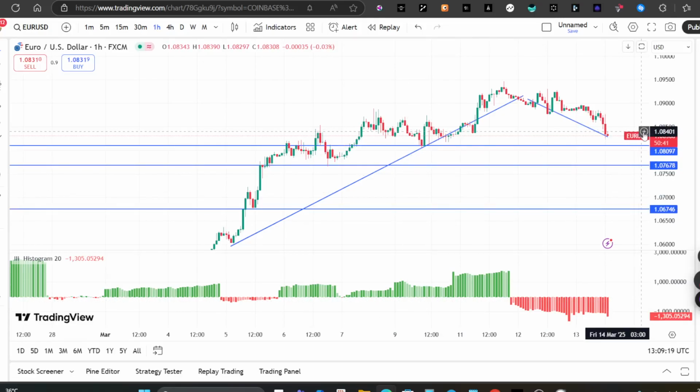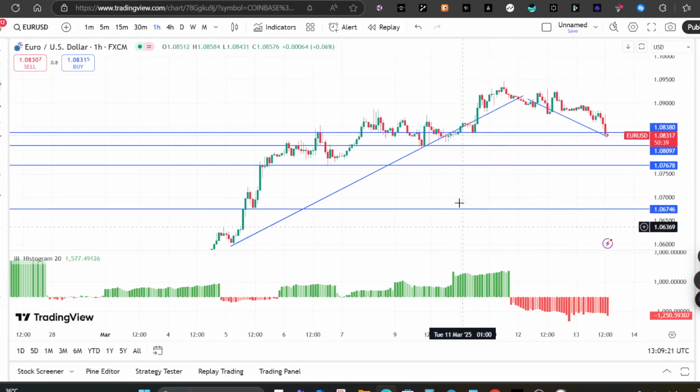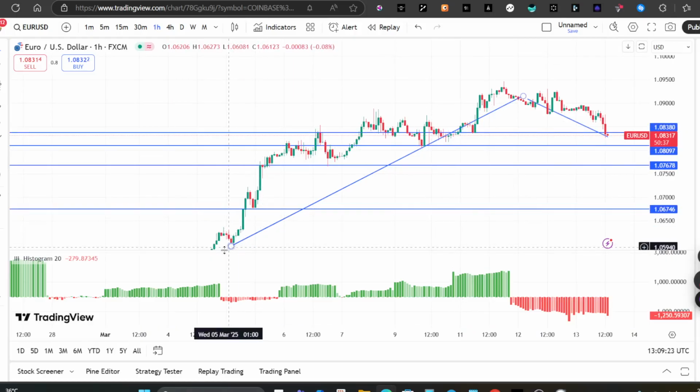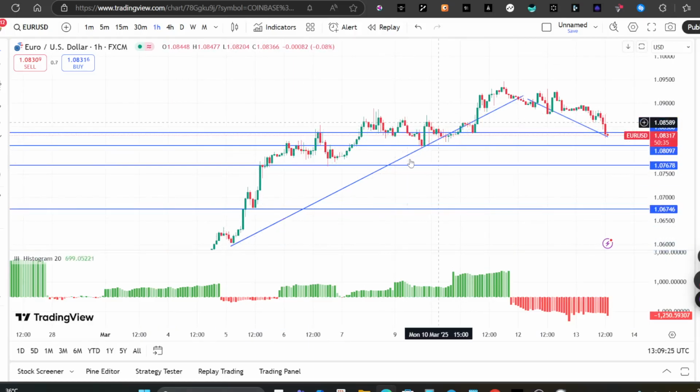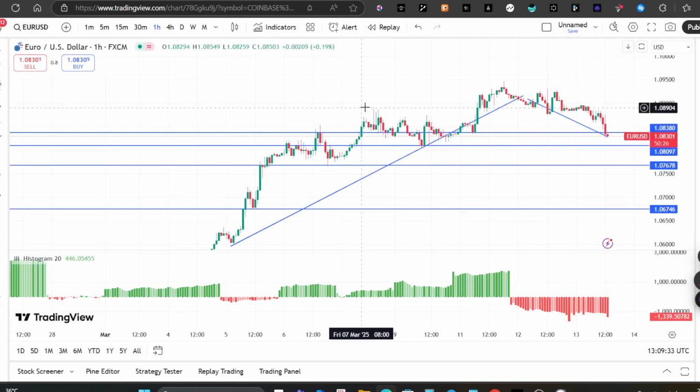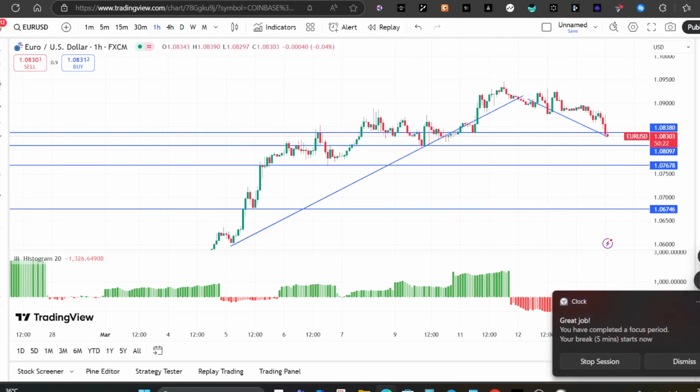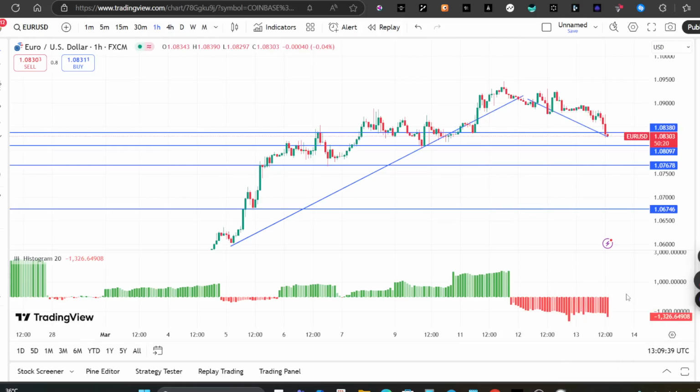So long as the III remains in the positive territory and the trend is still making higher highs and higher lows, you can be looking for buy opportunities after each pullback. Okay, but if the index starts weakening while price is still rising, then it could mean that buyers are losing strength, signaling a possible reversal.